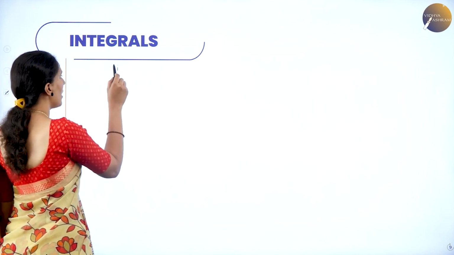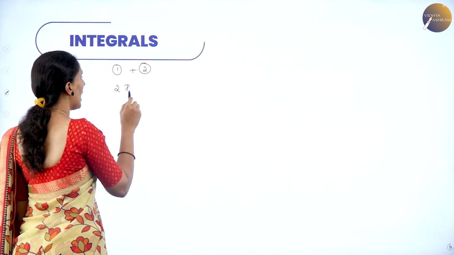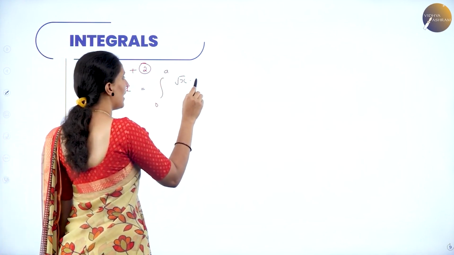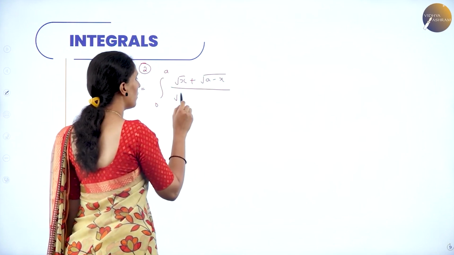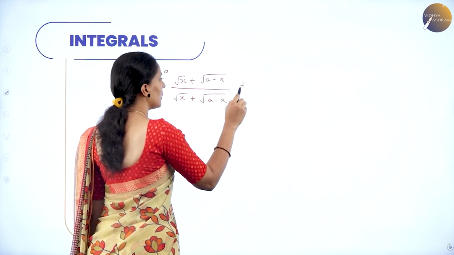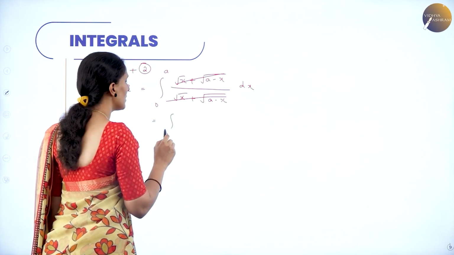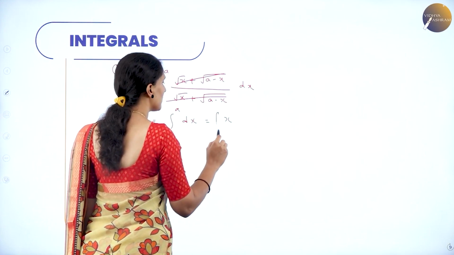So adding 1 and 2, we get 2 times I equal to the integral from 0 to a of root x plus root a minus x divided by root x plus root a minus x dx. So we can cancel. We will get the integral from 0 to a of dx, which is x.